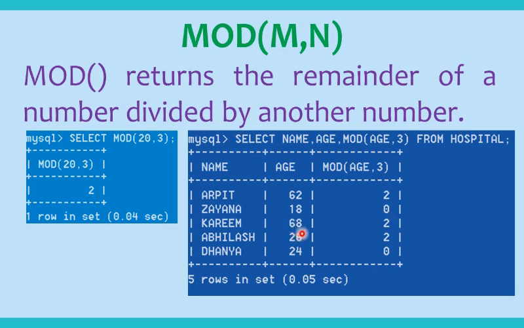Next 68. If it is divided by 3, remainder comes 2. Like this, the output is shown by the mod function. Now we can say the mod function returns the remainder of a number divided by another number. Means if m is divided by n, it returns the remainder.